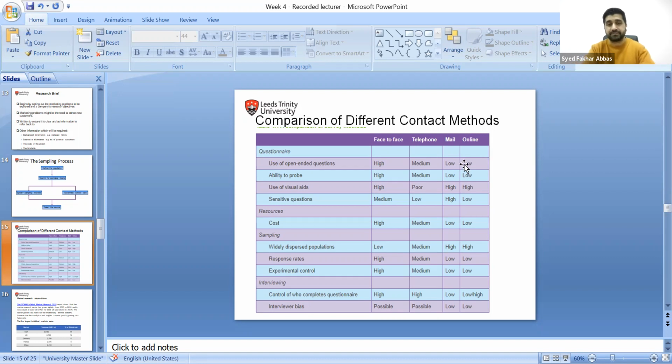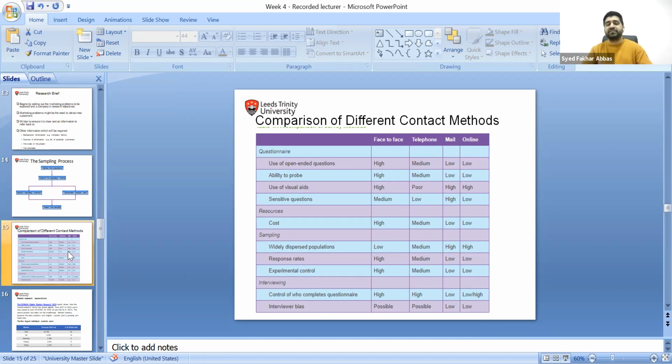All the details, questionnaires, resources, and interviews will be low in this scenario. Cost will definitely be low. Interviewer bias will be low, and the response rate will definitely be low.